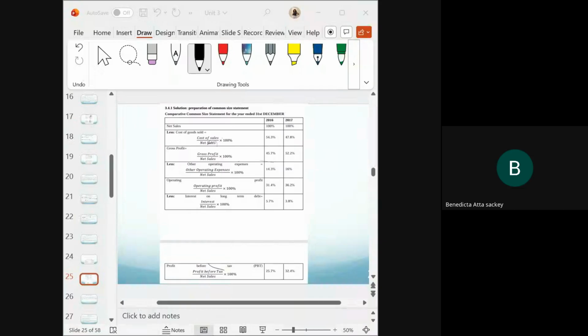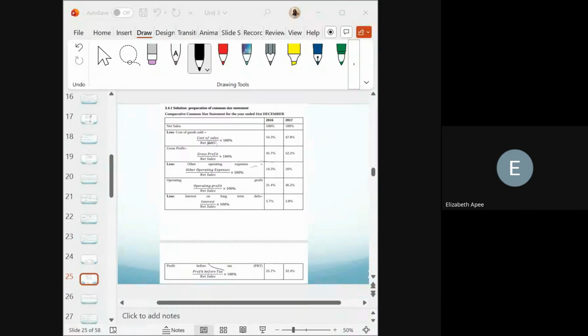Okay. And then the next item is other operating expenses. Is there an increase or a decrease? Some people, they don't talk. Elizabeth. Madam, there's an increase. So meaning, what interpretation can we make here?